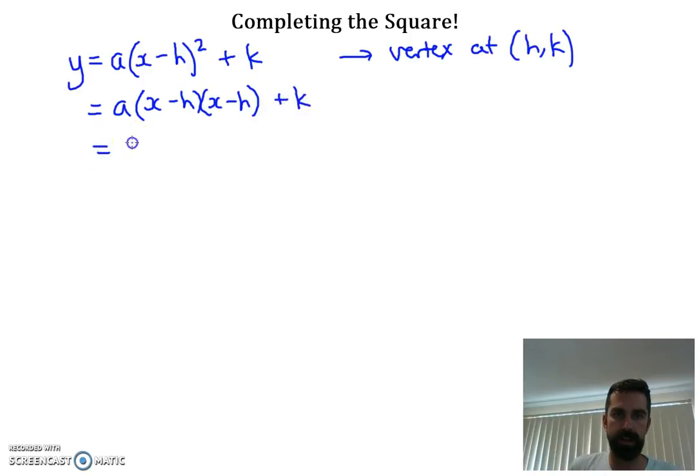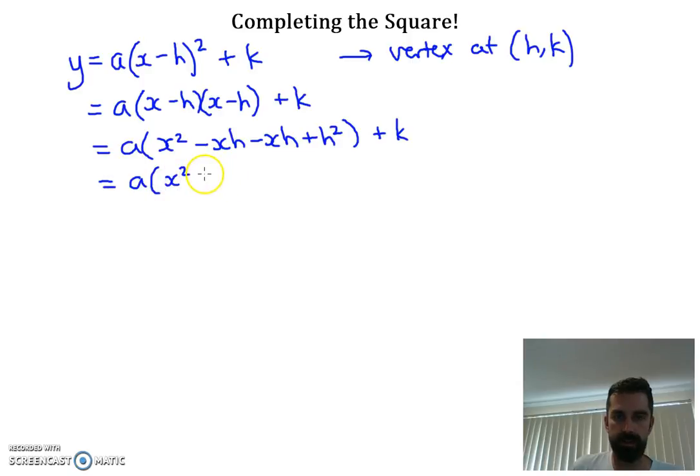And if we expand that using FOIL, and notice that I'm just keeping the a out the front for now, that's x squared, let's do it in two steps, take x times h, take x times h plus h squared, and I've still got my plus k on the end.